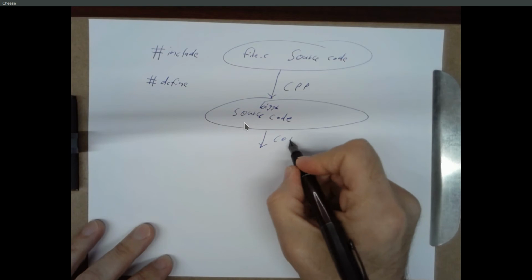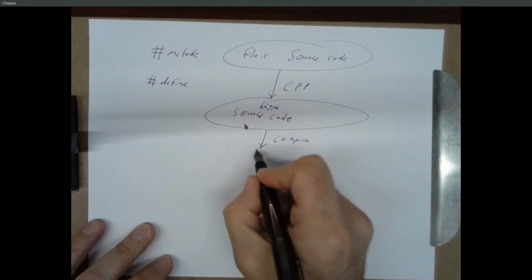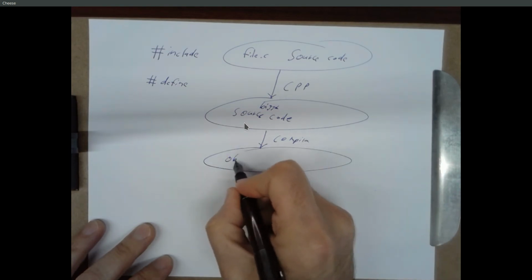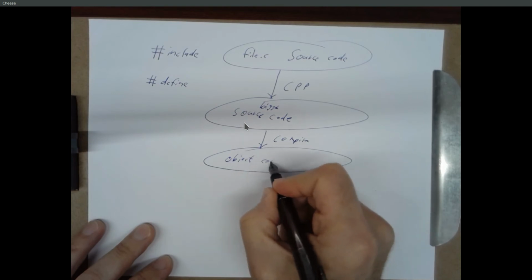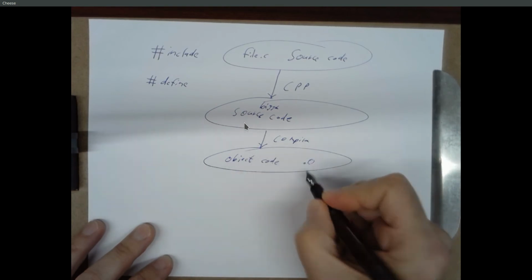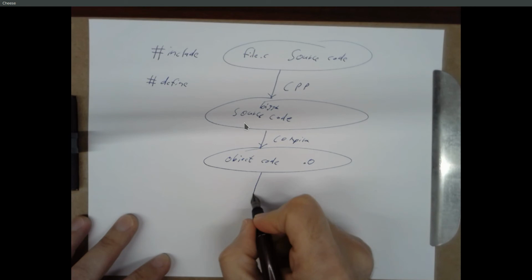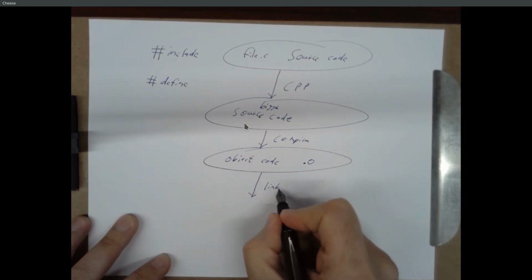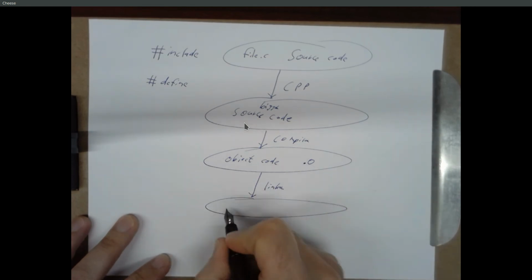That goes through a compiler and gives you object code, which is a .o file, and that goes through a linker and gives you an executable.